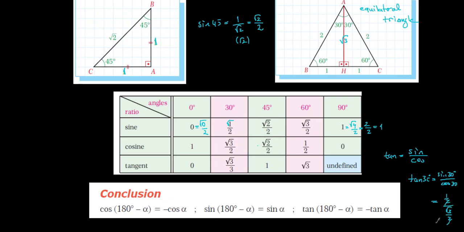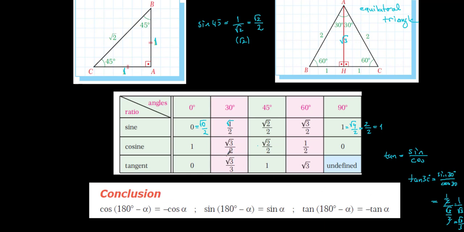Then if you simplify, the answer is going to be equal to 1 over root 3. But as I mentioned, we don't like radicals in the fraction. So we should rationalize the denominator, and we are going to multiply by root 3. Then the result is going to be root 3 over 3.